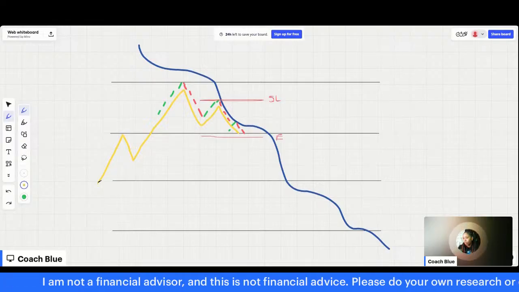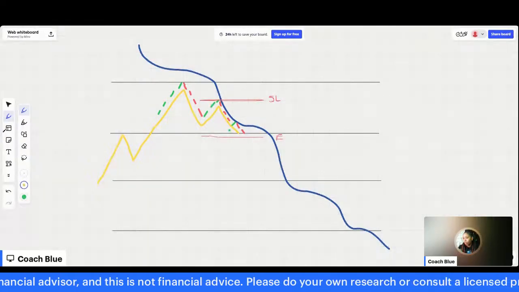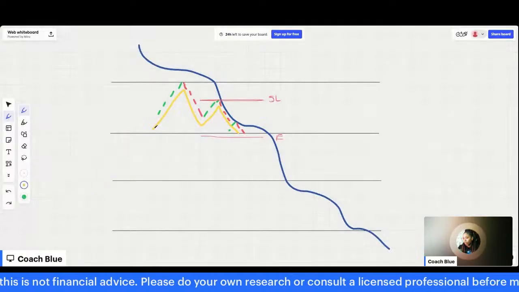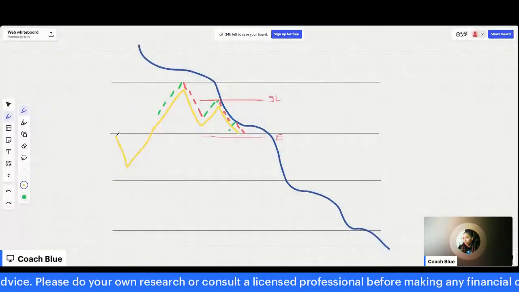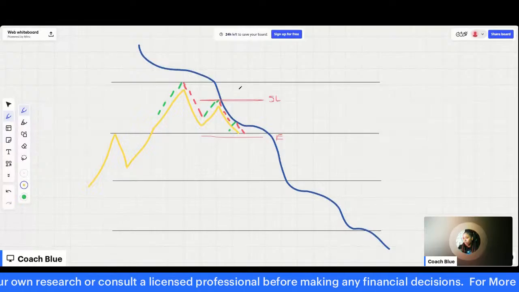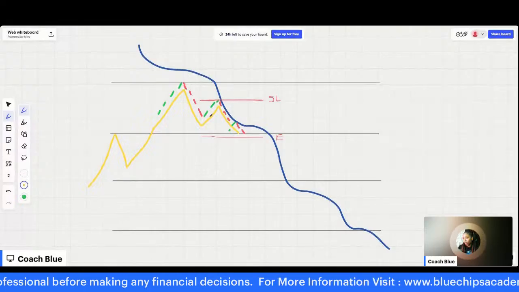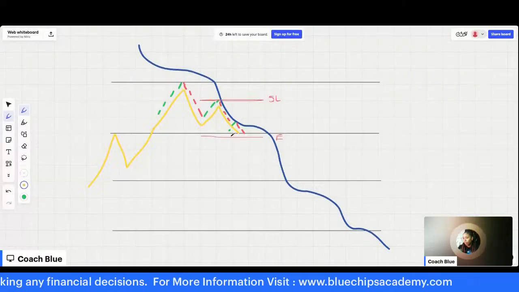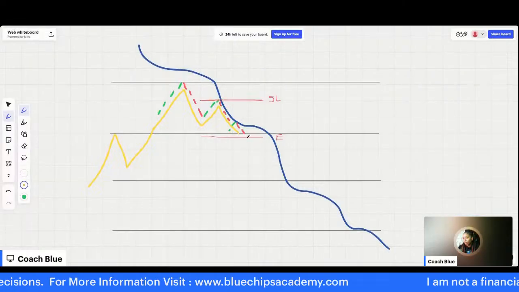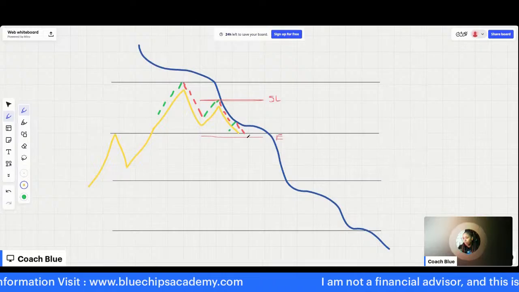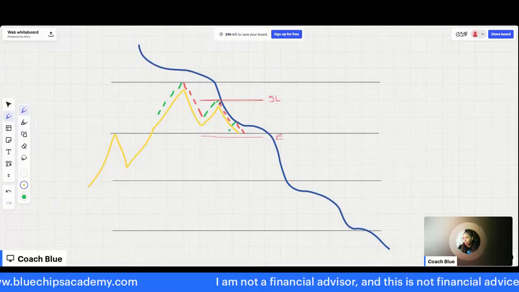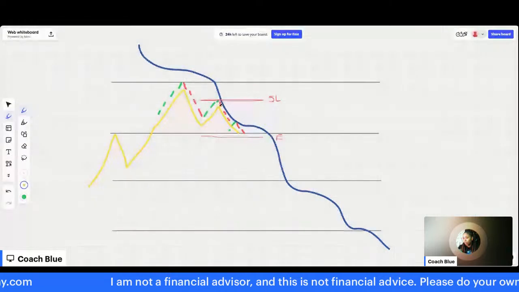So where do we place our take profit? We see that this pivot for a sell is here, because this is our entry. The pivot that's above our entry is this one. The most recent pivot that's above our entry is this one.